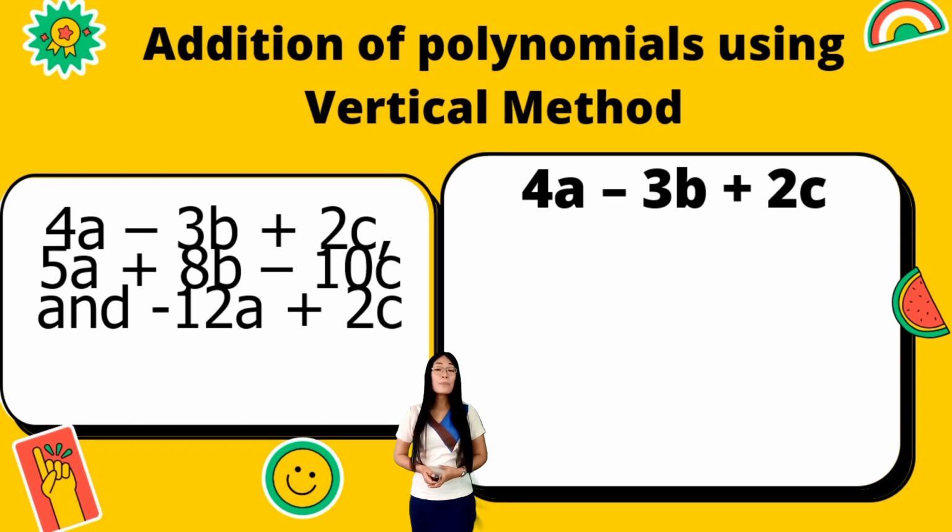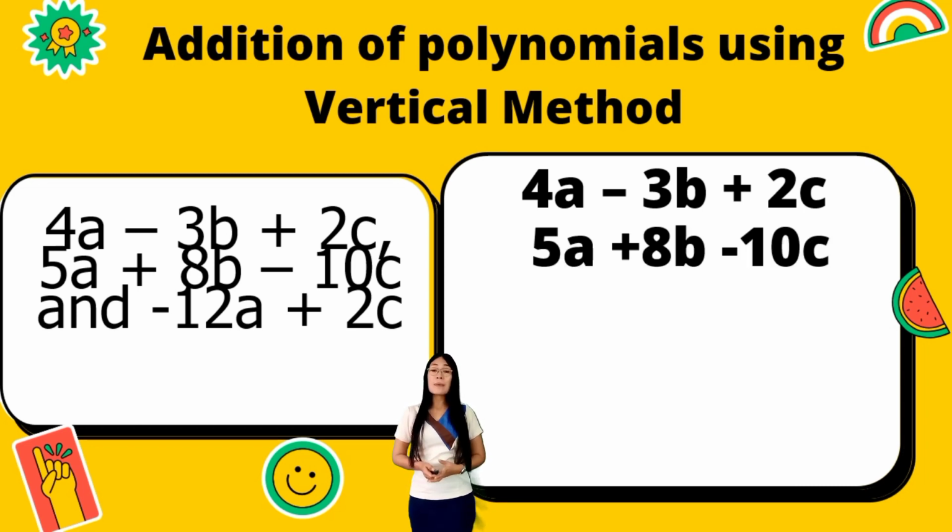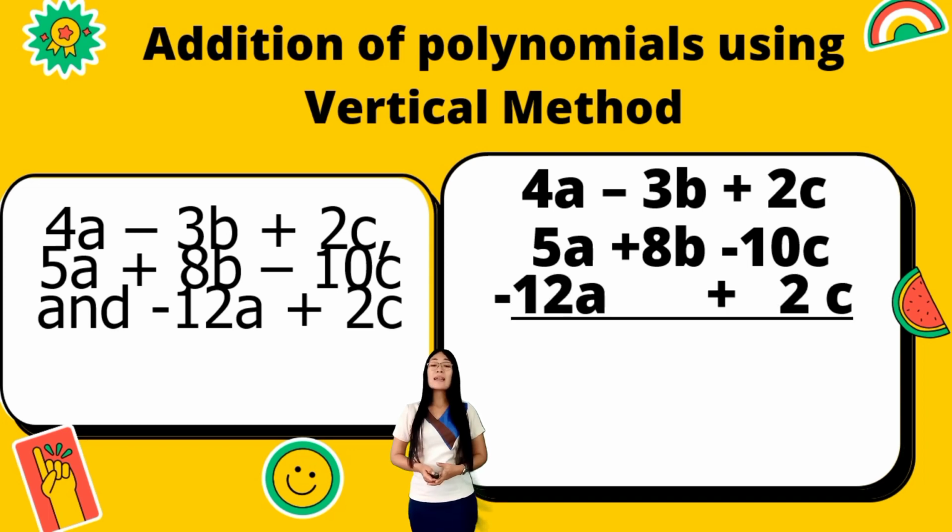As you can see, 4a minus 3b plus 2c is aligned with 5a plus 8b minus 10c and the negative 12a plus 2c. As you observe, all the literal coefficients of a are aligned, and so with the literal coefficients of b and c, so that we can easily add them together.